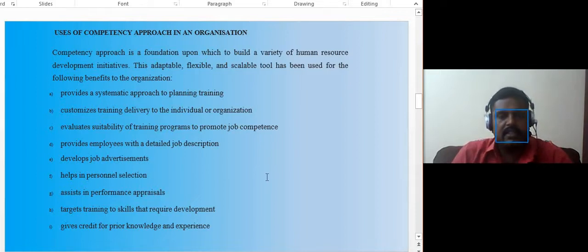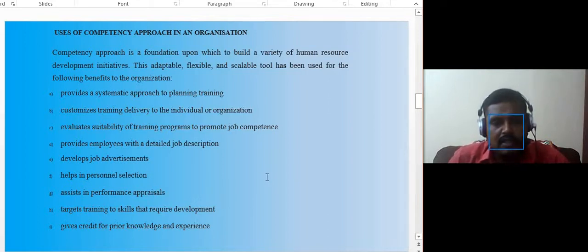The second is customized training delivery to the individual or an organization. The third is evaluating the suitability of training programs to promote job competence. And the fourth is providing employees with a detailed job description.